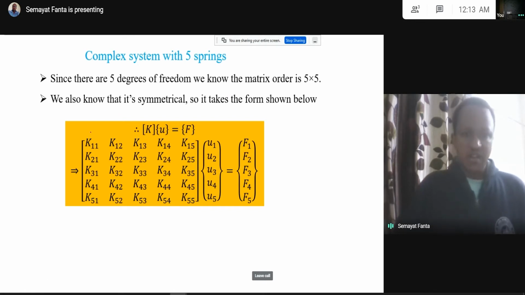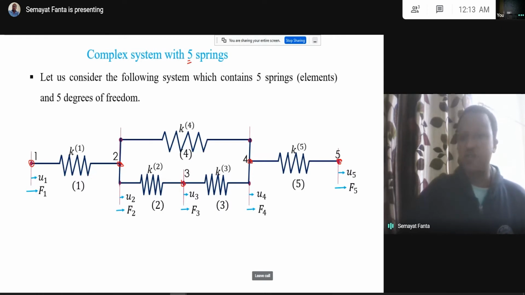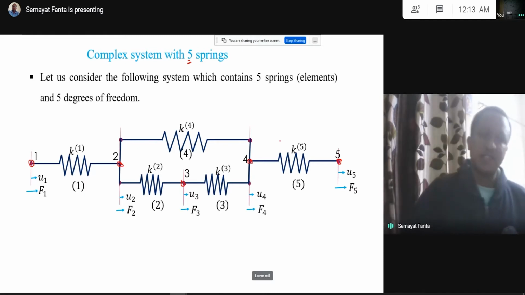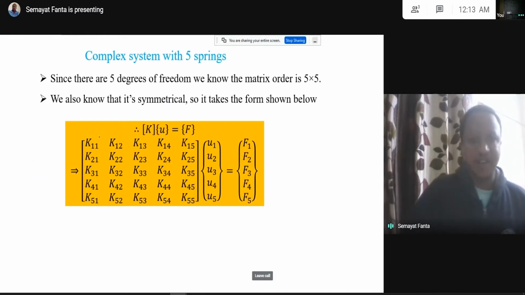Here we have 5 nodes, so our matrix size is 5 by 5. For that reason, we can establish a matrix with rows and columns 1, 2, 3, 4, 5.